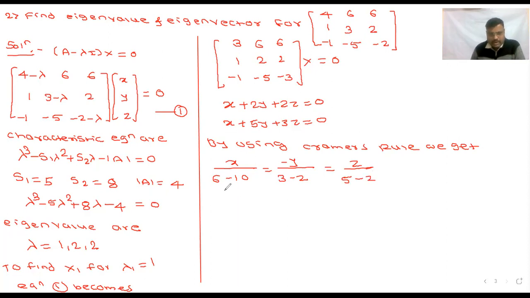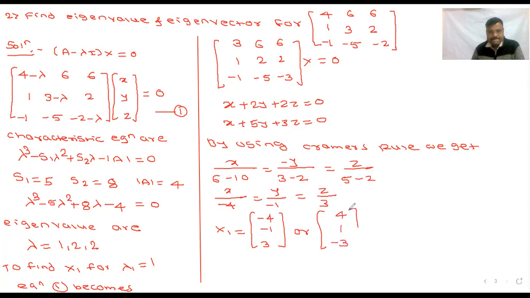So we got x divided by minus 4, y divided by minus 1 and z divided by 3. So we got the eigenvector x1 equal to minus 4, minus 1, 3 or 4, 1, minus 3. So this is the first eigenvector for lambda equal to 1.